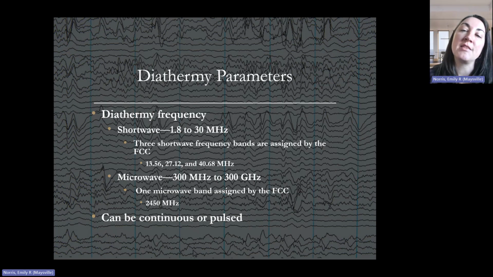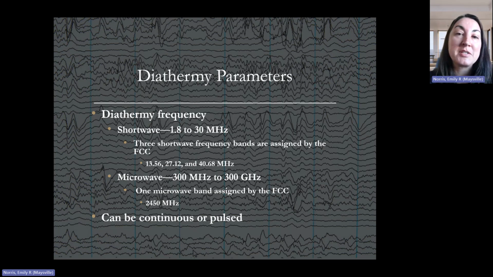And they realized that the machines were interfering with communication. And so what they did was they determined certain frequencies that are set apart for medical use only. And so diathermy can only be used on those frequencies, and that way it doesn't interfere with communication, and communication doesn't interfere with the diathermy.